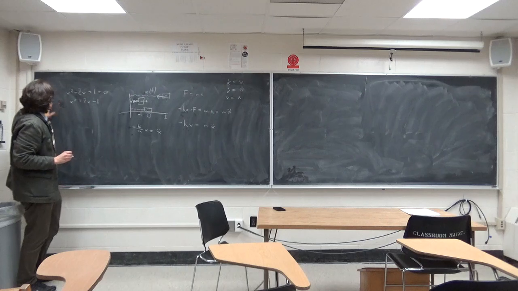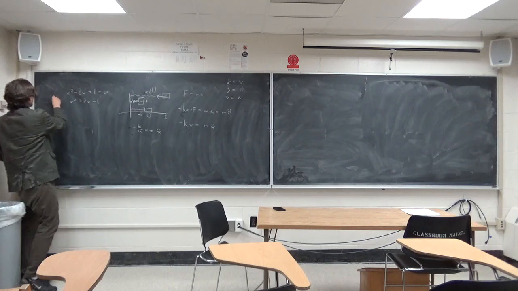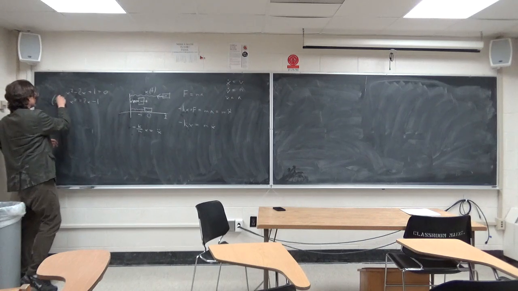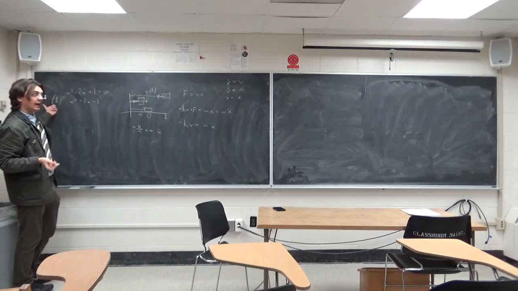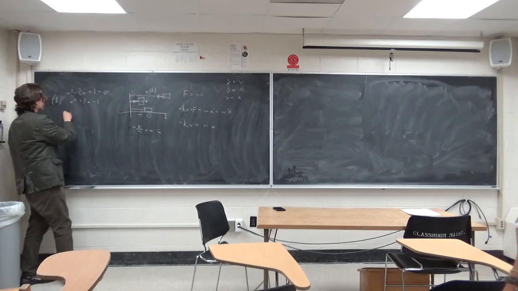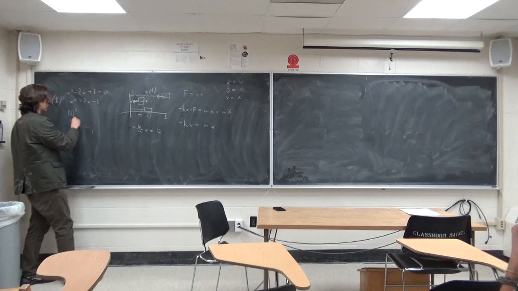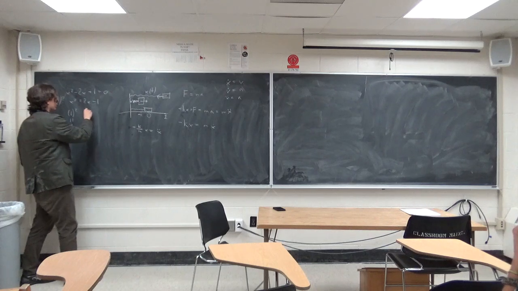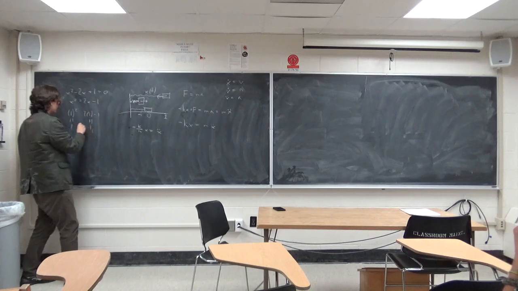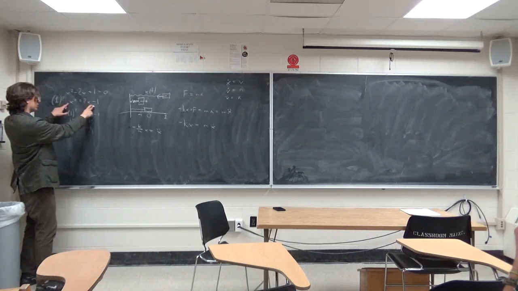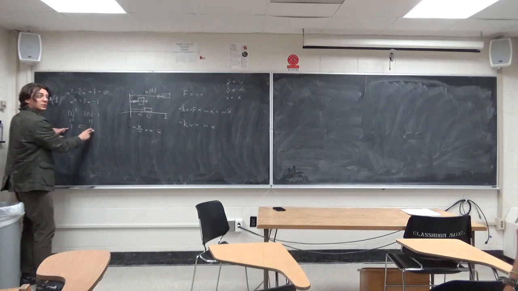How do I know that 1 satisfies this equation? Well, I plug in 1 over here, I get 1. I plug in 1 over here, I get 1. So both sides, when I replace the x's by 1, give me 1.